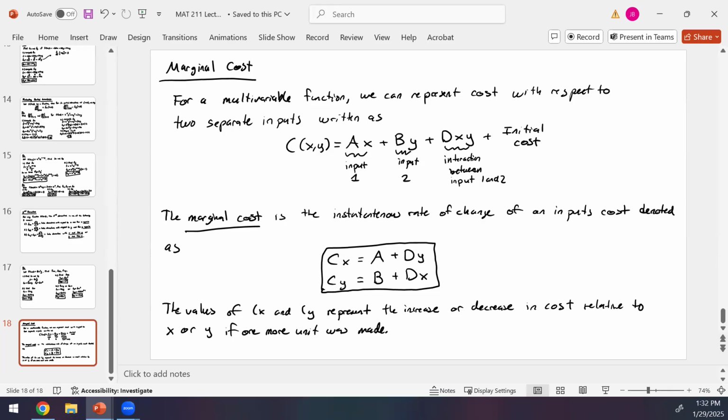You kind of have to move a little bit to be able to calculate that slope. So that's really the important thing. If it's a positive value, it's increasing; if it's negative, decreasing. But people often misunderstand the derivative. It's the increase or decrease if you made one more unit. So that's kind of the trick to it. Let's just do an example of that next.